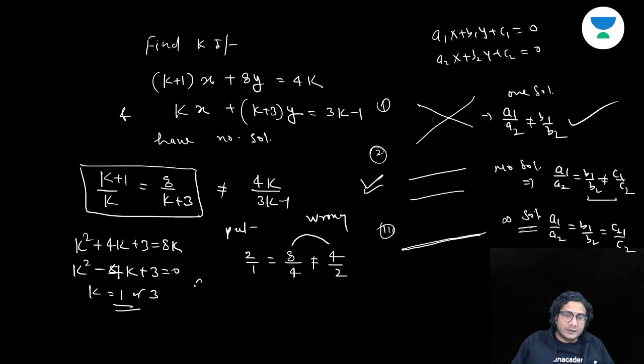Now check second case. Check k is equal to 3. So if you put k is equal to 3, it is going to be 4 upon 3 is equal to 8 upon 6. They are obviously equal because you have solved these two equations, and not equal to, if you put 3, it is going to be 12 upon 8.